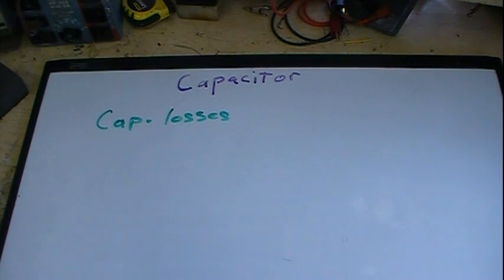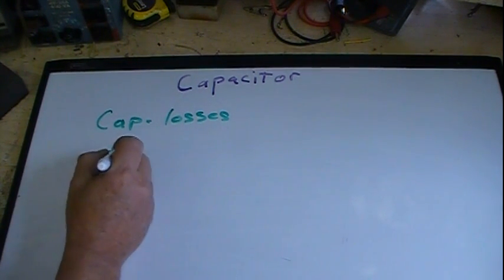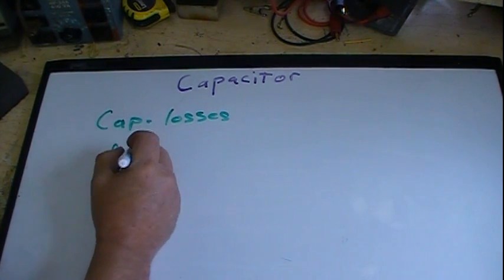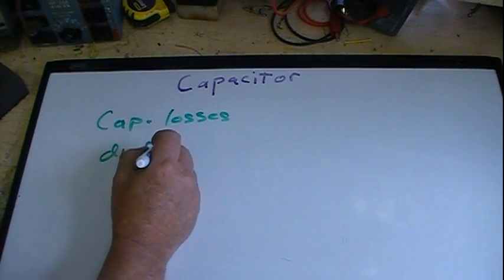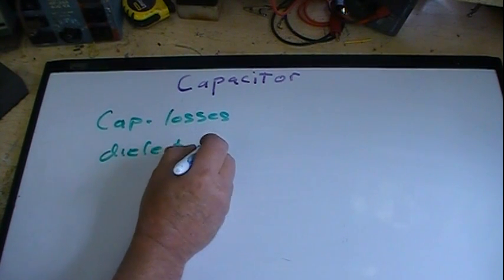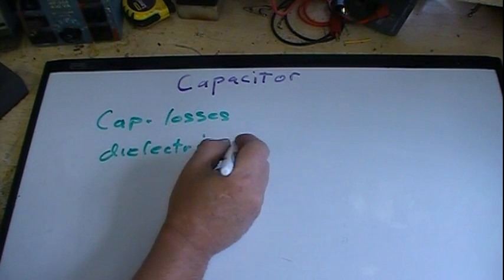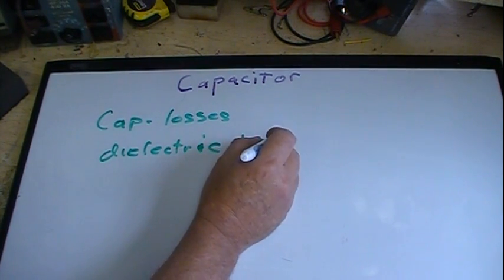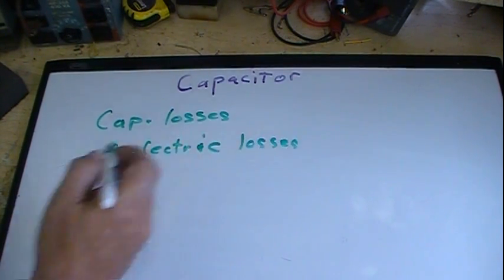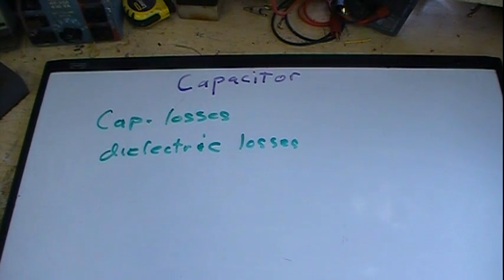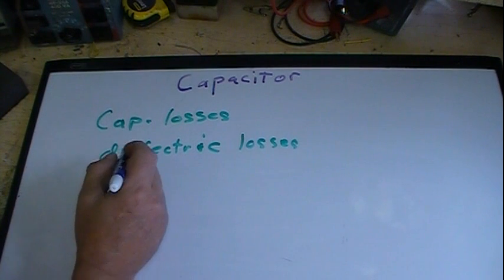Some of the other losses are dielectric losses. Well, the first one is dielectric absorption.